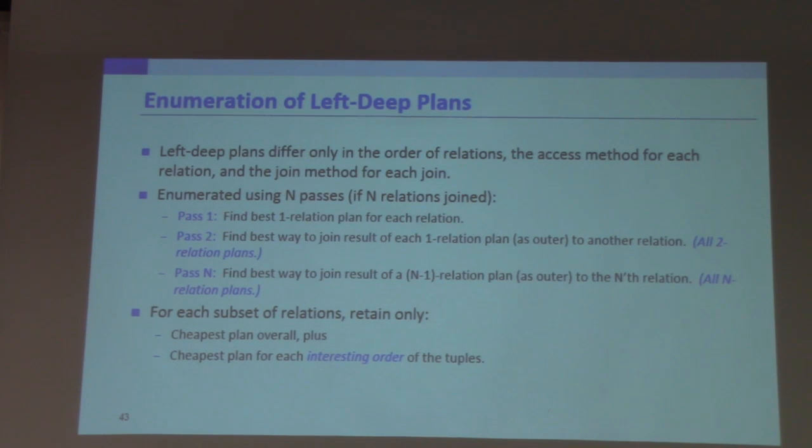tree. In order to estimate the cost of any plan, you need to estimate the cost of any operator in that plan. And in order to do that, you really need to understand the algorithm used for the operator as well as the input size. And for that reason, we need to estimate the size of intermediate output.